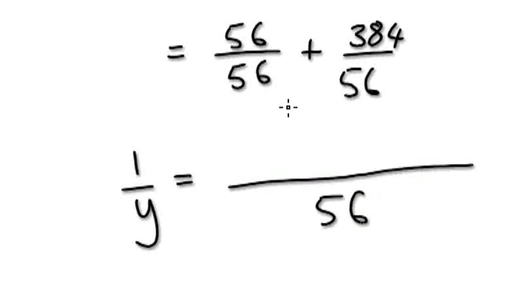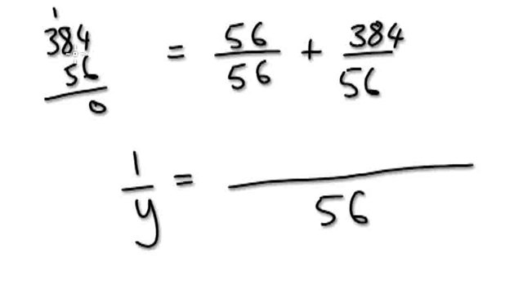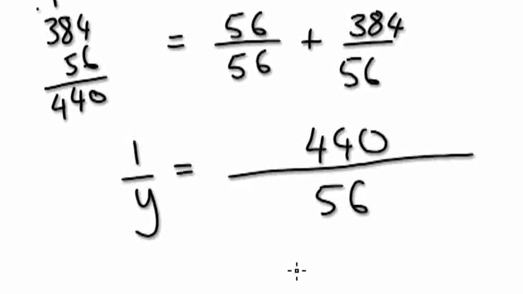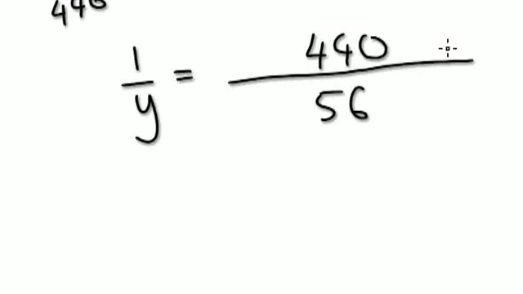So this would be 56. This would be 384 plus 56. 0, carry the 1, 9, 14, so carry the 1 here, so that would be 440 here.